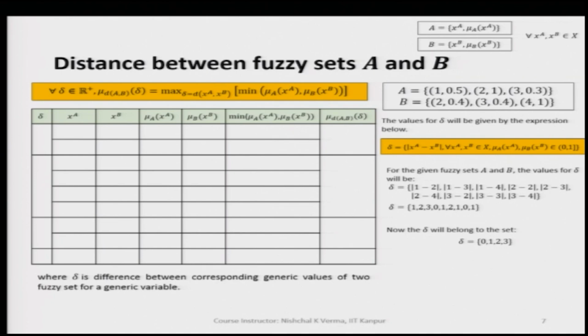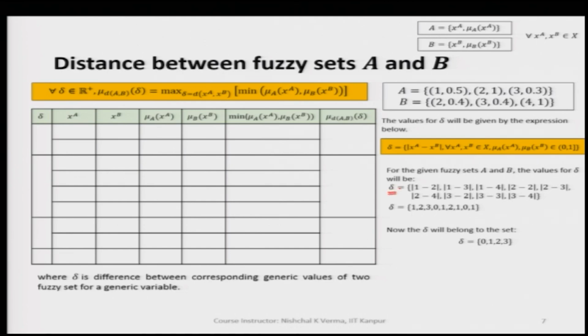Delta set is the set which has all the possible values of delta or R plus, meaning positive real values. Since we have two fuzzy sets A and B, let us take all the generic variable values from A and B both for computing the delta.